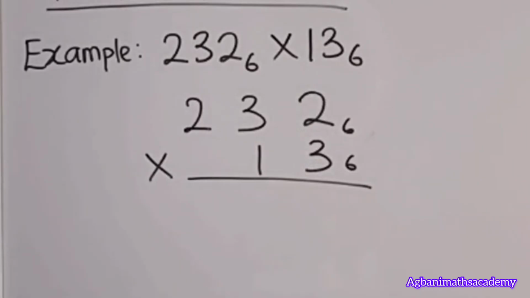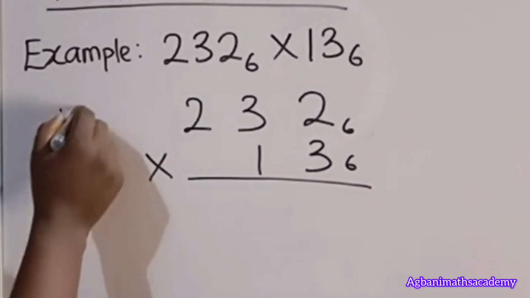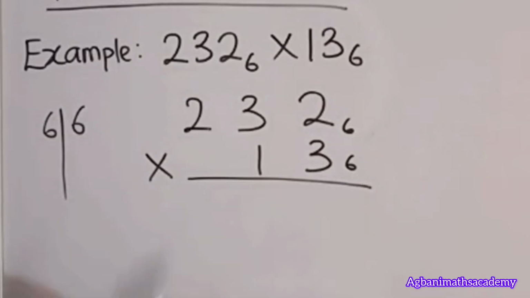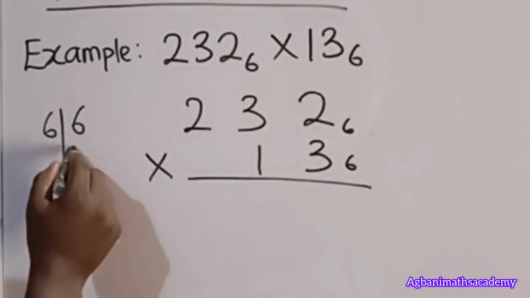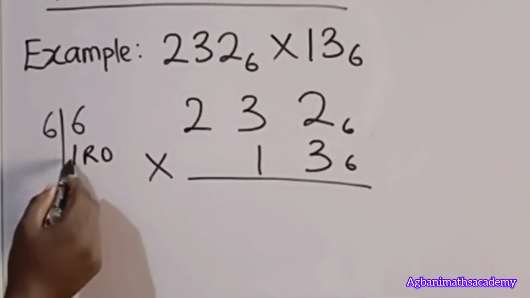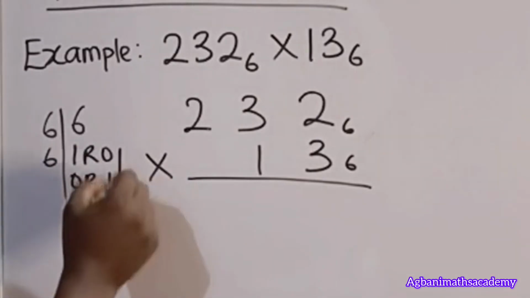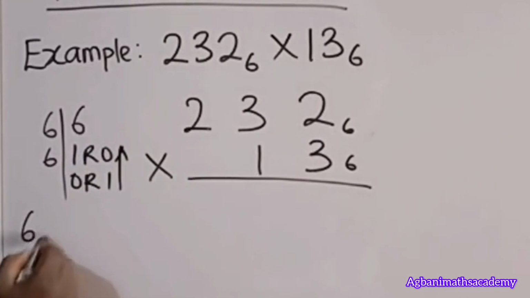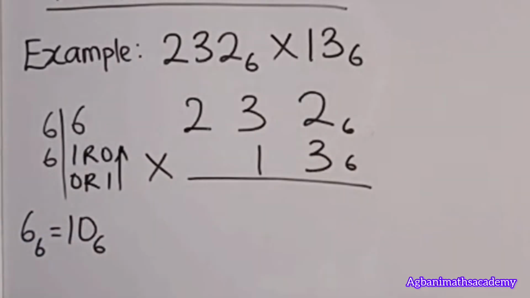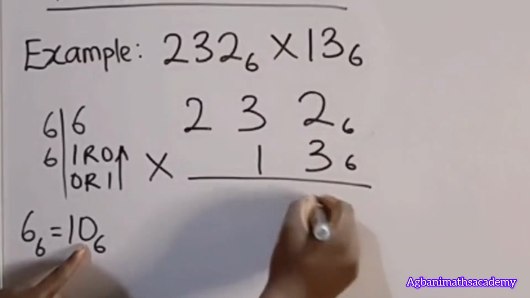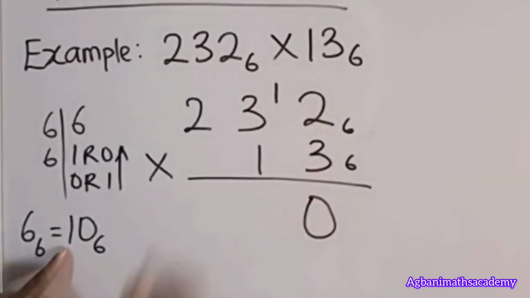But since we are working with base 6, we cannot have 6 in base 6, so we have to convert it. We divide by 6 because we are working with base 6. 6 divided by 6 gives you 1 remainder 0, and 1 divided by 6 gives you 0 remainder 1. So 6 base 6 is the same thing as 1 0 base 6. Instead of having 6 here, we write down 0 and bring 1 this way.